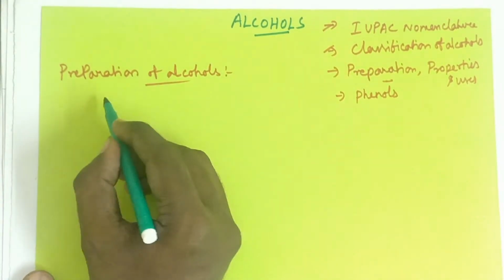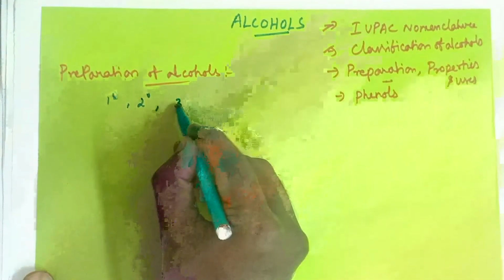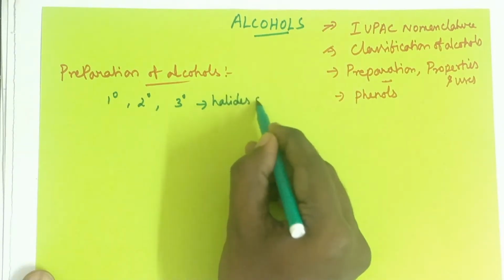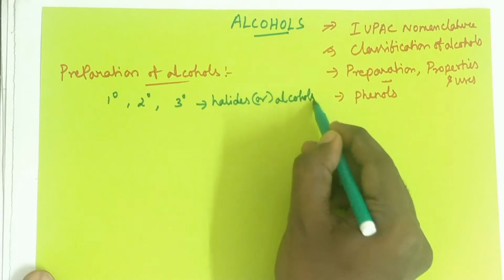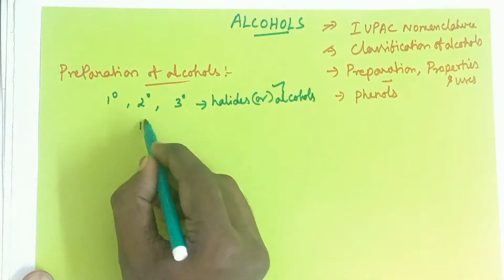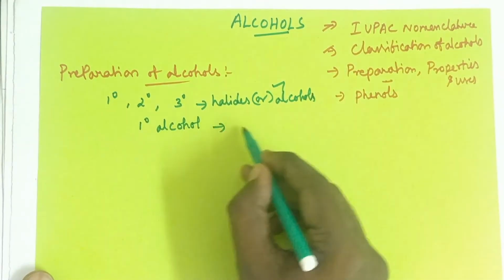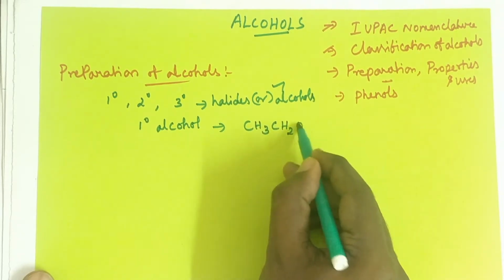Already we studied in 11th standard primary, secondary and tertiary halides or alcohols. But here you have only alcohols. If it is a primary alcohol, it means CH3CH2OH.